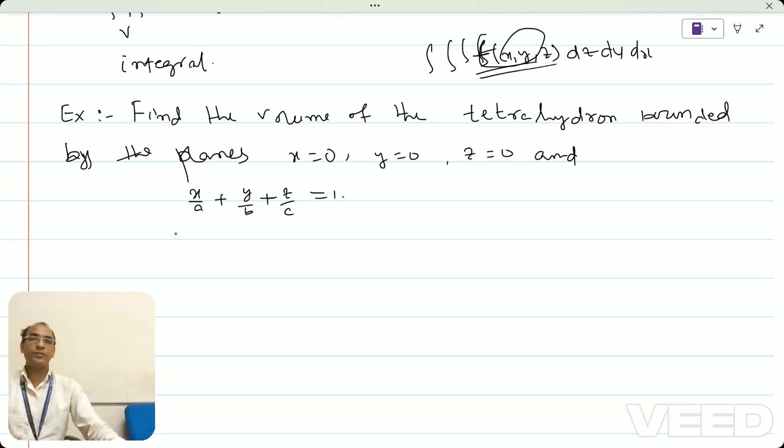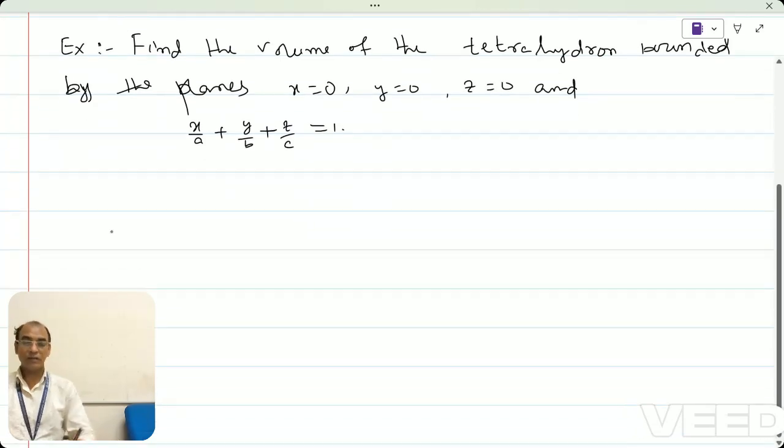So here we can see that at least one limit of x, y, z is available. So x, y, z all start from 0. Now we want to find the other limit for x, y as well as z. So how can we take the limits here?